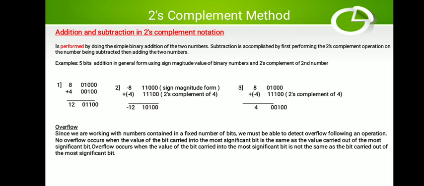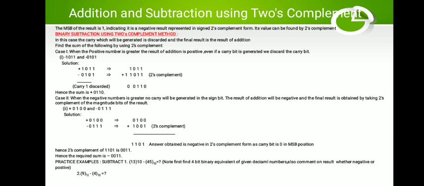You find the 2's addition or subtraction, greater minus smaller or smaller minus greater number, by which method? The 2's complement. So the first thing you should remember, it should strike you whenever you solve: we always take the 2's complement of the second number.